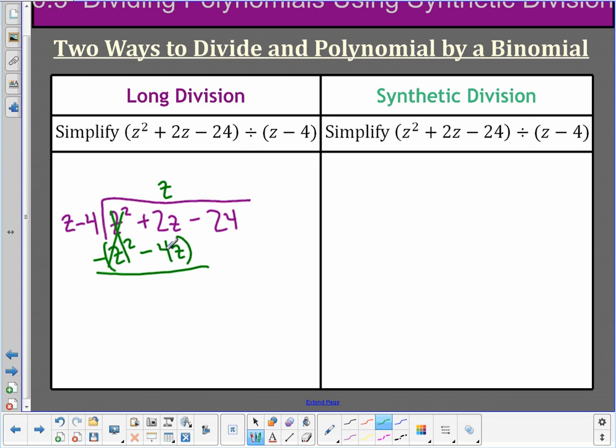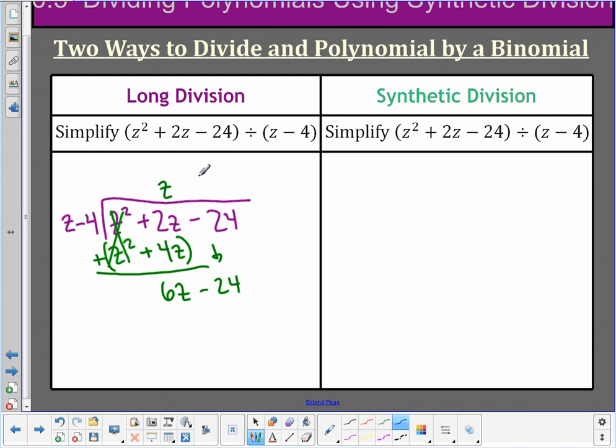2 minus negative 4. Minus a negative becomes plus a positive, so that's 6z. I bring the next term down, negative 24. And then I do it again. So now I would ask myself, what do I multiply z by to get to the 6z? I need a 6.